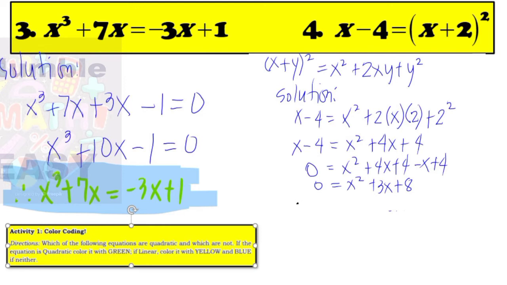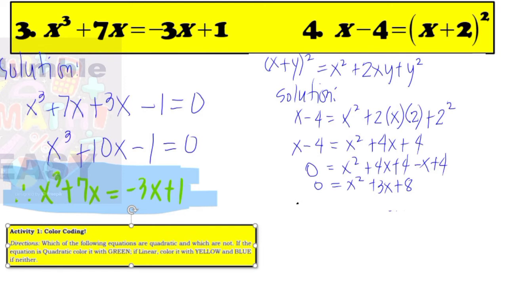So we now have the solution for this: x minus 4. Since this is now x plus 2, a binomial term squared, we have the square of the first, then twice the product of the first and the second, so twice x times 2, plus the square of the second term, which is 2 squared.